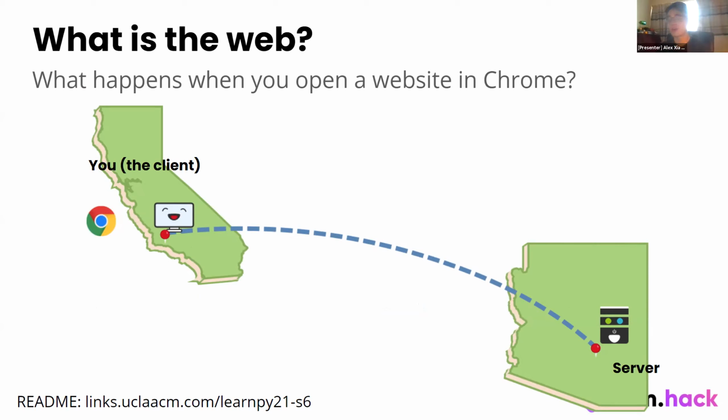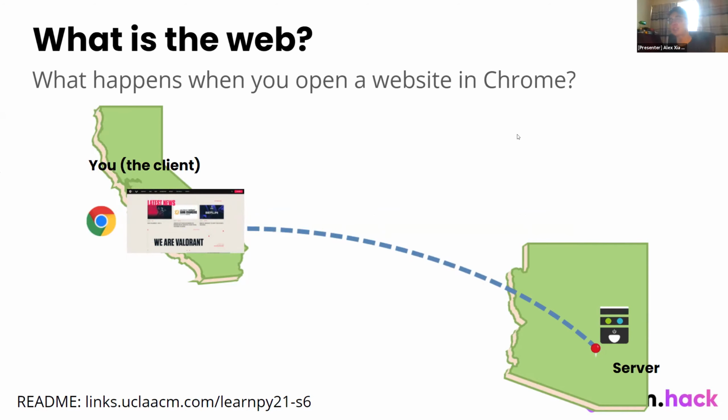The server will then process this request and say, oh, this guy in California wants our website playvalorant.com. It will do some sort of computing and prepare these files for us, an index.html, index.css, and index.javascript, and send it back to us. And our browser, if we're using Chrome, will read all of the files using its code, and it will be able to generate the website that we want.